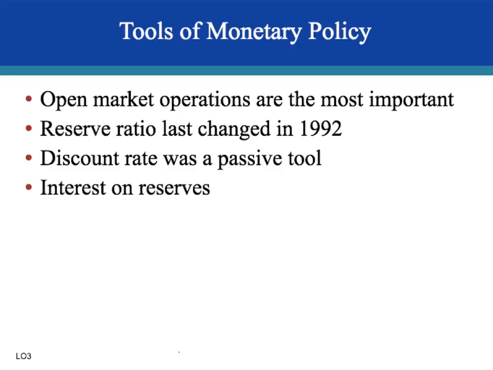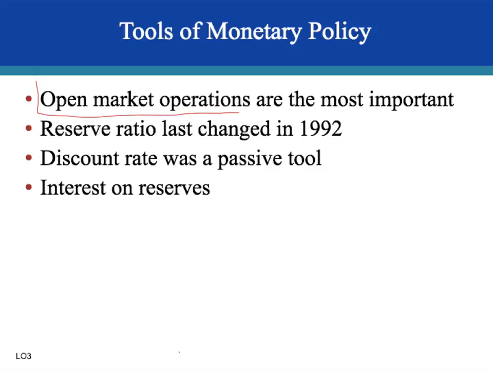However, it did come in handy with the financial crisis of '07-'08, where the Fed drastically lowered the discount rate in order to allow commercial banks to borrow billions of dollars in order to stay liquid. And then interest on reserves, again, is a newer tool of monetary policy.